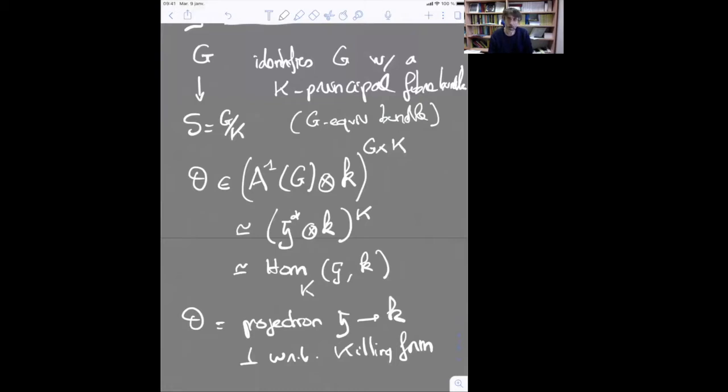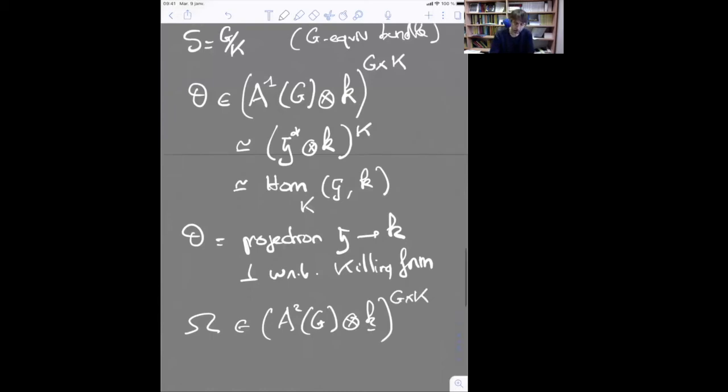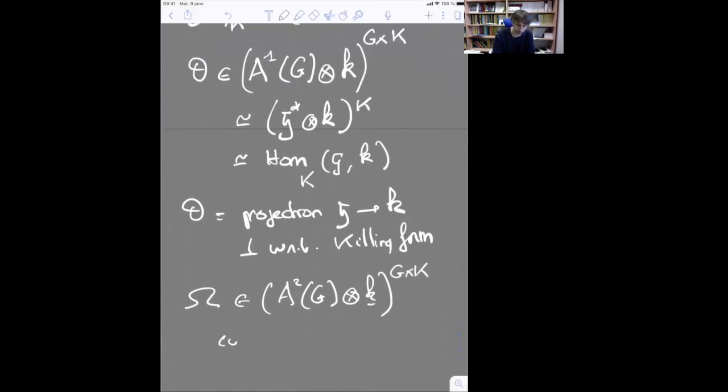Is the connection flat as well? No, the connection is not flat, and it has an associated curvature form omega that is this time a two form on G, again with values in the Lie algebra of K, in the tangent space to the fiber, and this is the curvature form of this connection.